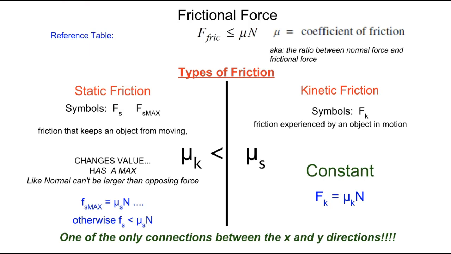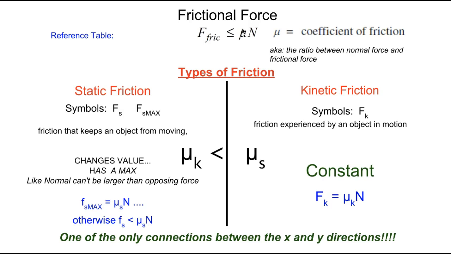All right, so let's talk about friction in all of its entirety. There are 2 types of friction: static friction and kinetic friction. I showed you that equation earlier. Friction of any kind, static or kinetic, can be equal to or less than my coefficient of friction.